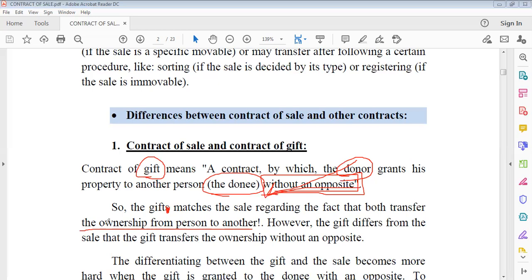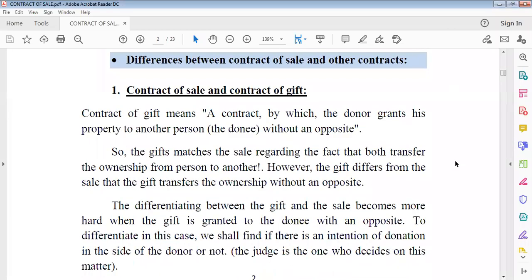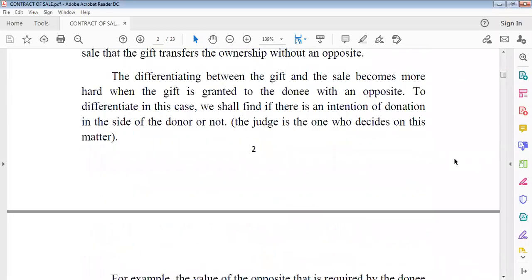If it is with opposite, then it is a contract of sale. If it is not with opposite, then it is a contract of gift. However, what is the difference between them? The gift differs from the sale in that the gift transfers the ownership without an opposite. So this is the main difference between the contract of gift and the contract of sale.